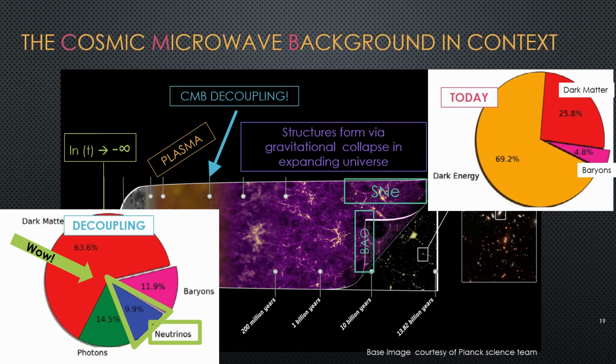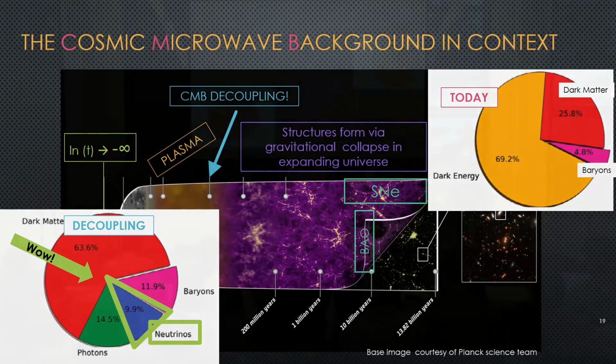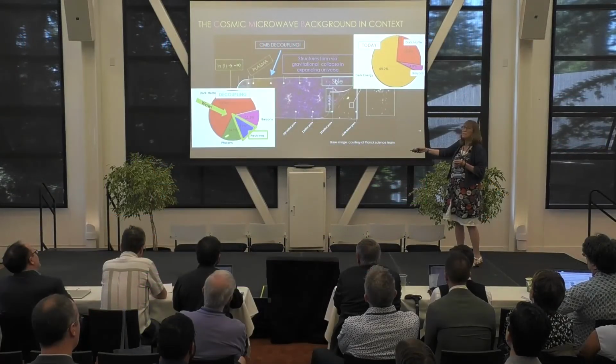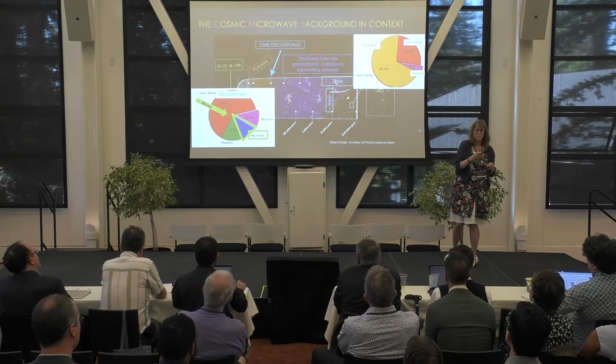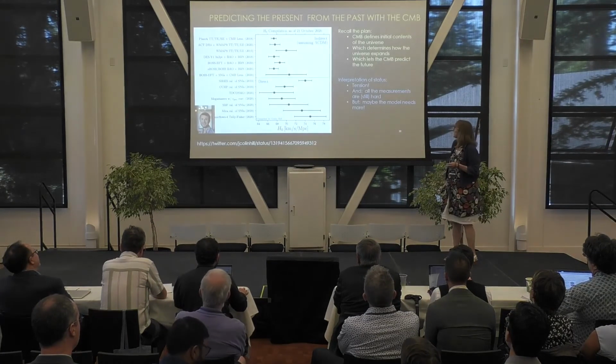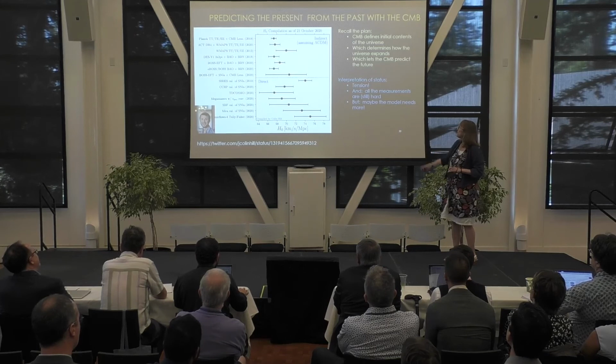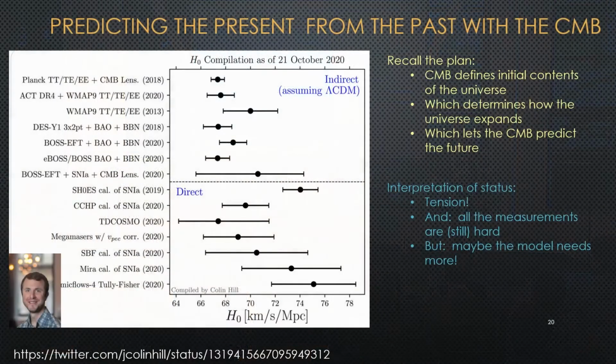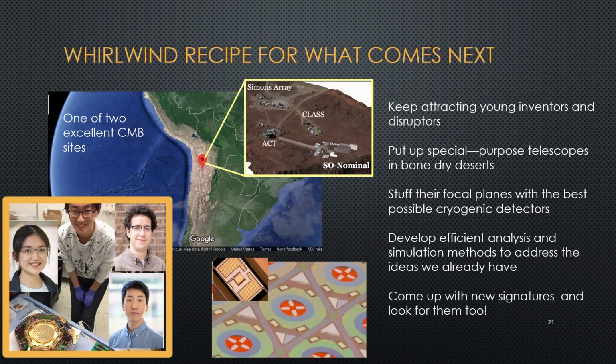If you go back and use the exact same colors over here, there was proportionally a lot more dark matter, a lot more baryons. And the neutrinos and the photons, they really mattered. They were quite significant. All right, and it turns out that you can use the initial conditions to predict what Hubble's constant today might be, and when you do that, you don't get the same answer that people who look at supernovae get, so that's quite interesting.